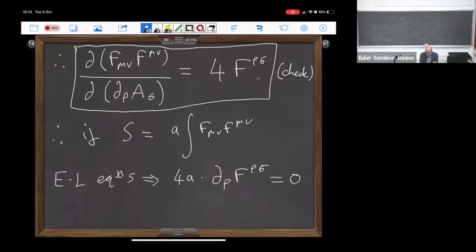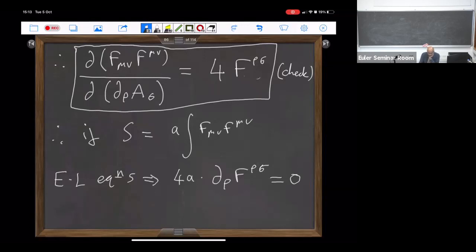So the point is that the derivative of F_{μν} squared with respect to ∂_ρ A_σ is 4 times F^{ρσ}. So that's something that you can now prove.